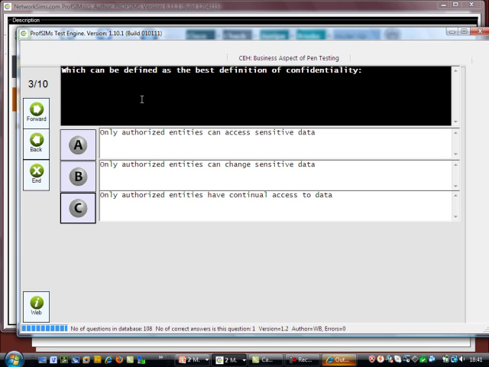Which can be defined as the best definition of confidentiality? So we want to say that one.